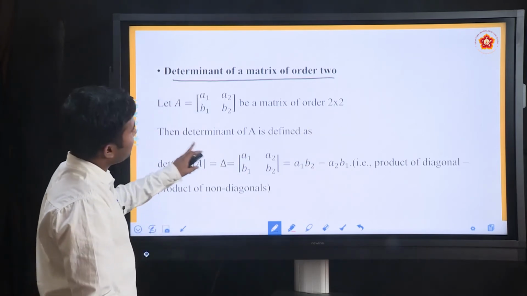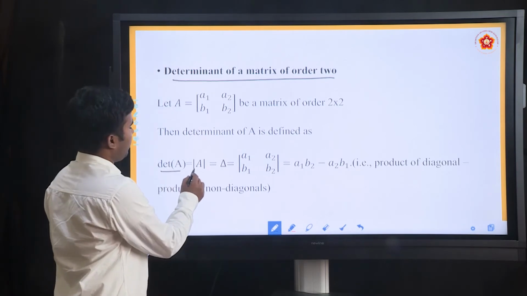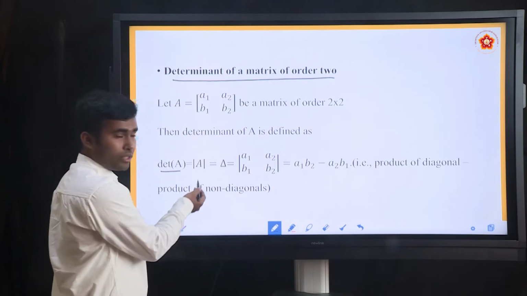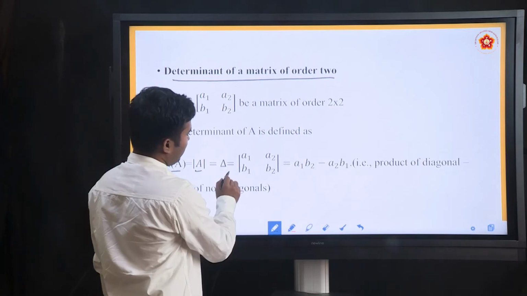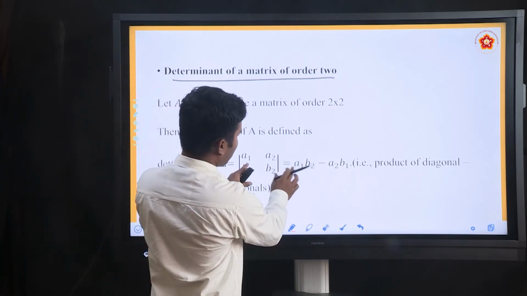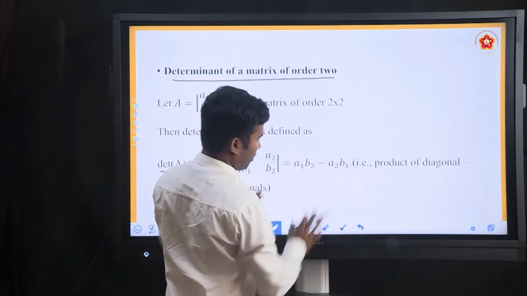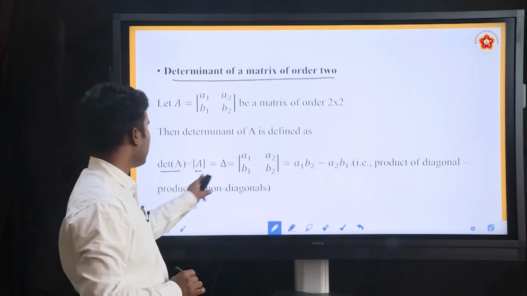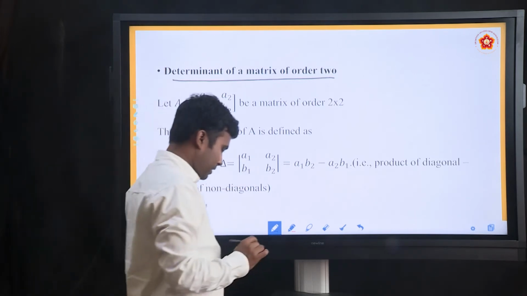We can define the determinant of A, and I am using three notations at the same time, you can use any one. The determinant of A is equal to the product of diagonal elements minus the product of non-diagonal elements. That gives the determinant of a matrix of order 2, which is very simple to calculate.